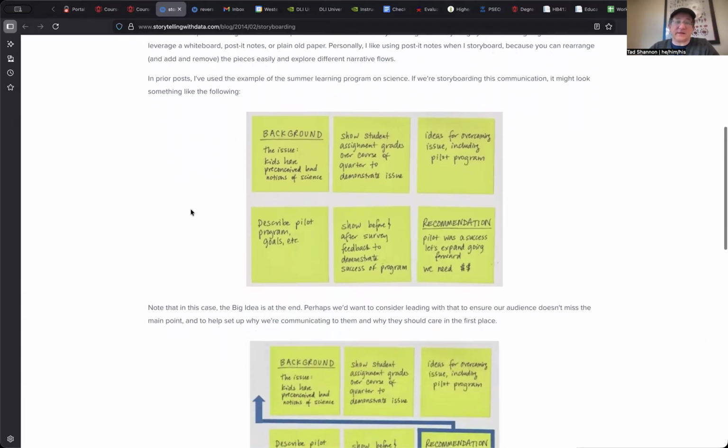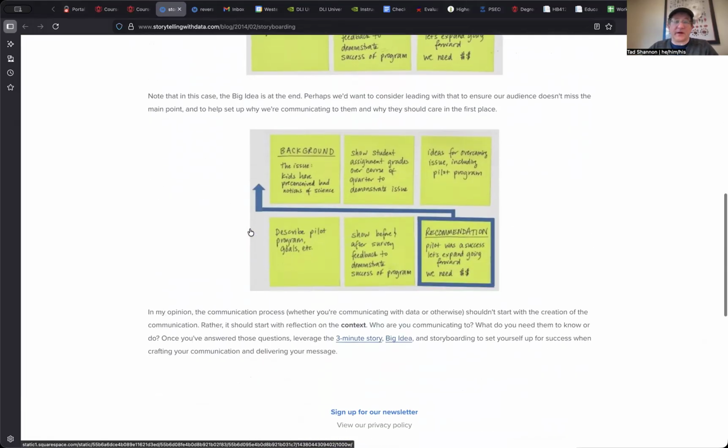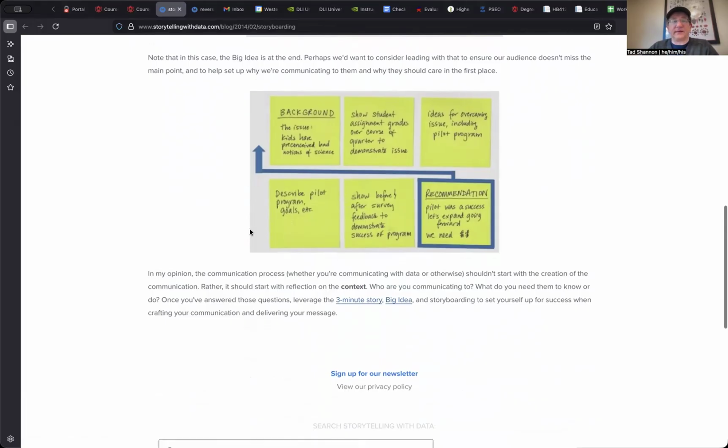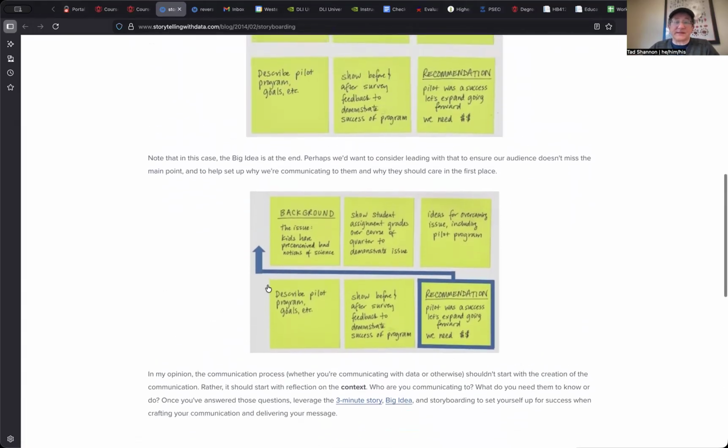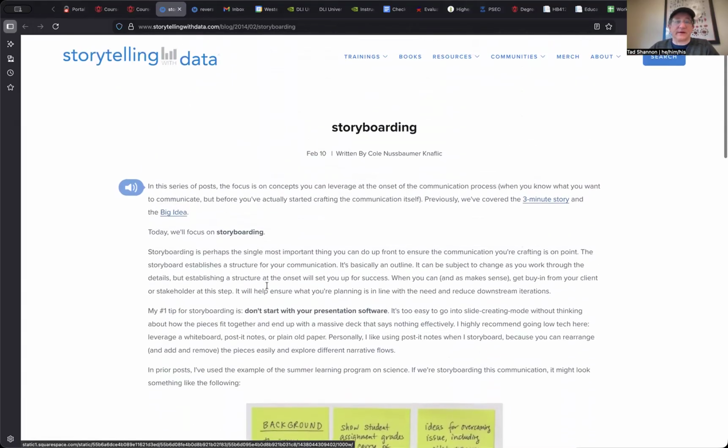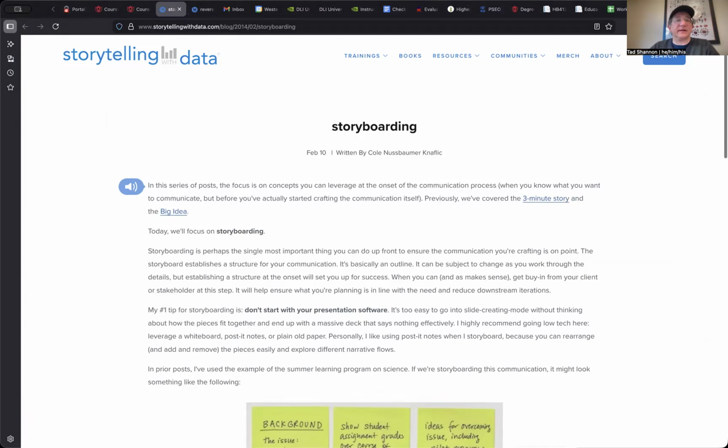But the point is that you're really just preparing some ideas, putting them in an order, playing around with what they are, and how best to tell your story. So this is kind of her entree into that.